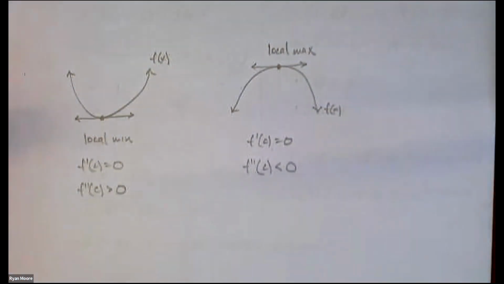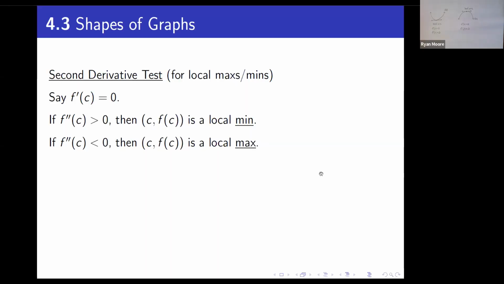So that's a local max. Again, maybe it's the opposite of our intuition. But if you think about what concave up and concave down graphs would be doing, it becomes a lot more clear. Oh yeah, concave down is a max, concave up is a min.